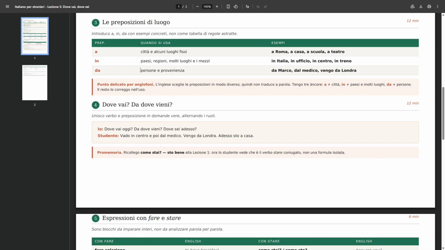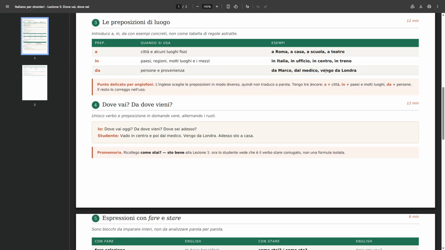Okay, then we have da. The preposition da is used before persone e provenienza. Okay, so people and the place they come from, provenienza. Like da Marco, dal medico, vengo da Londra. So for example, it means from Marco, dal medico, from the doctor.